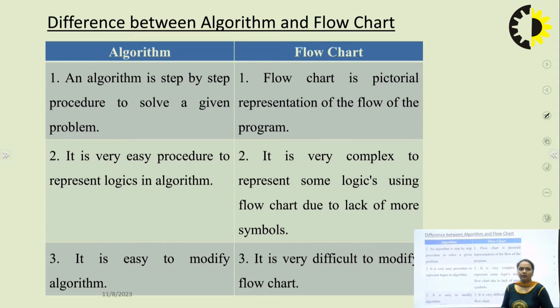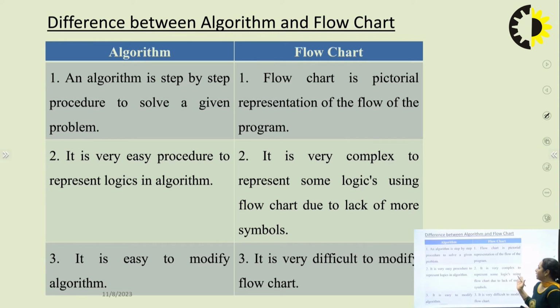Based upon the flow of data, in which data is flowing, the sequence of steps must be represented in pictorial form. So algorithm is written in basic English language and flowchart is a picture form of the data.